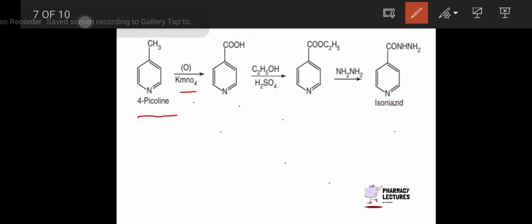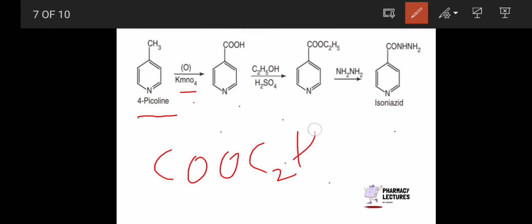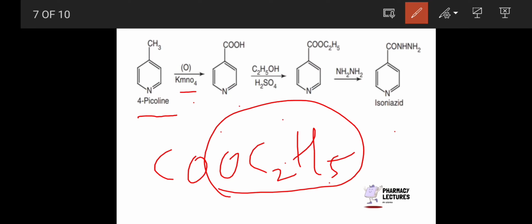Next step, the ethyl ester of isonicotinic acid will react with hydrazine. Here we have the COOC2H5 group on the ester of isonicotinic acid. This OC2H5 group present here will take a hydrogen from the hydrazine.